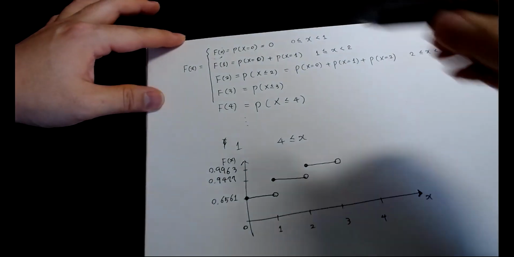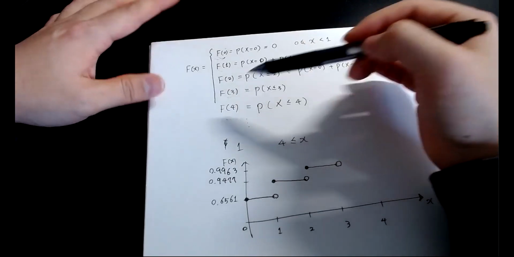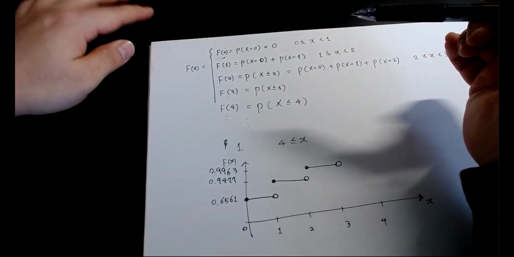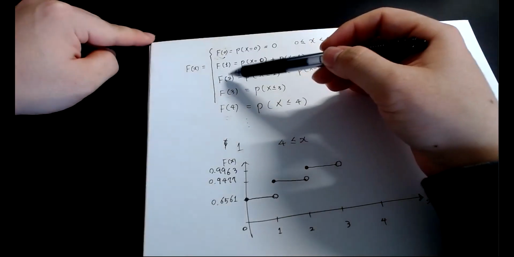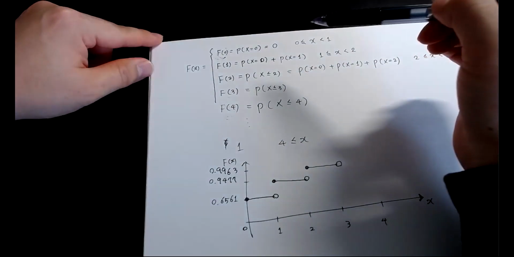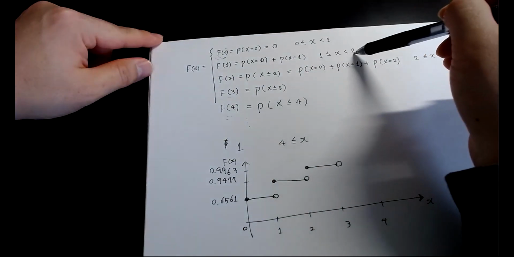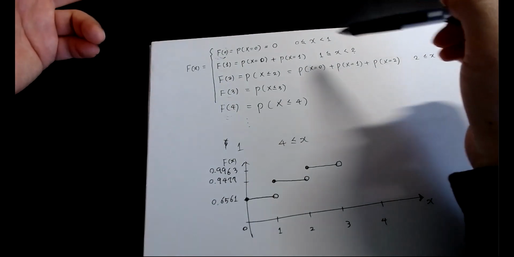So here the F of 0, F of 1, F of 2, F of 3, F of 4, these just don't represent the CDF at just one value, 0, 1, 2. No, for any x greater than or equal to 1 through 2, the CDF is going to be equal to F of 1.